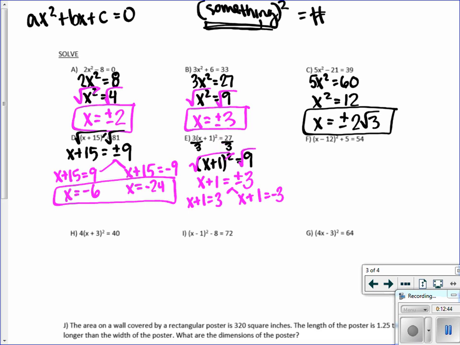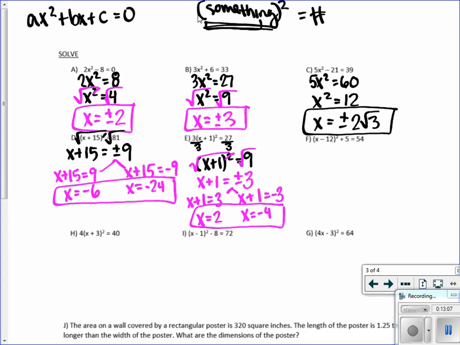So this is saying, well, what's 3 minus 1? 2. So that's one of our answers. And now what's negative 3 minus 1? Negative 4. So that's our other answer.